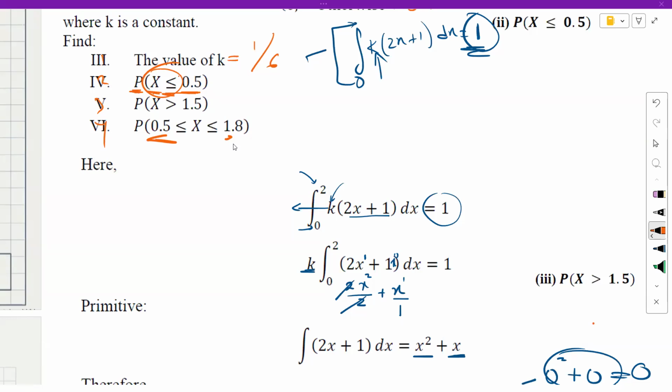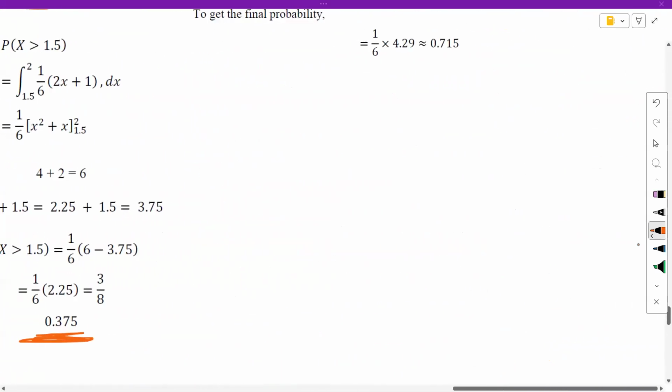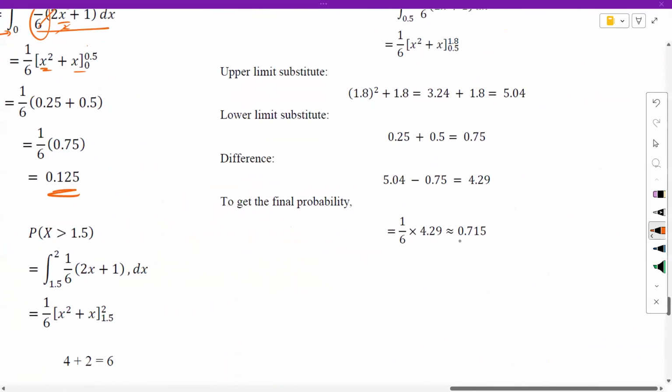So that is 0.715. The area is 0.715. Yes, here it's 0.715.